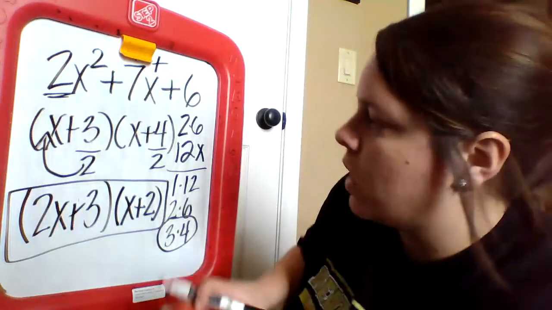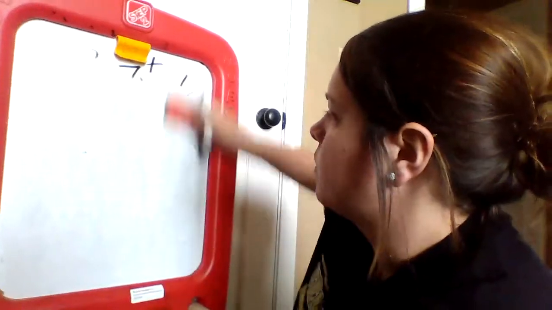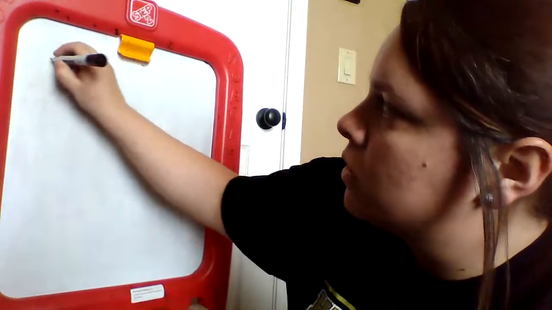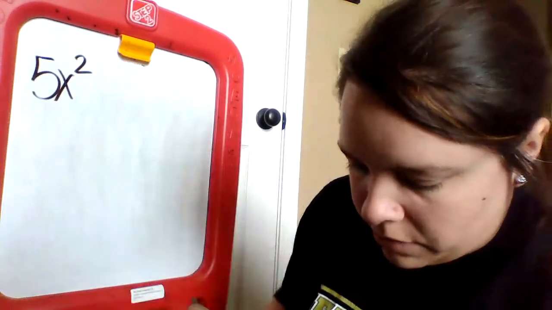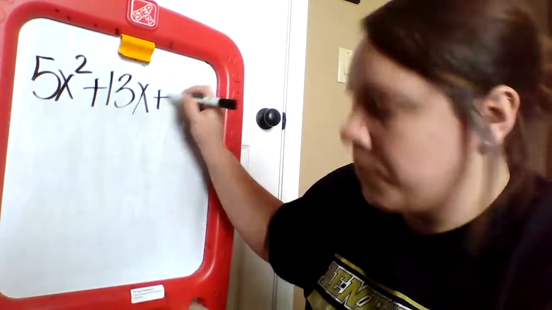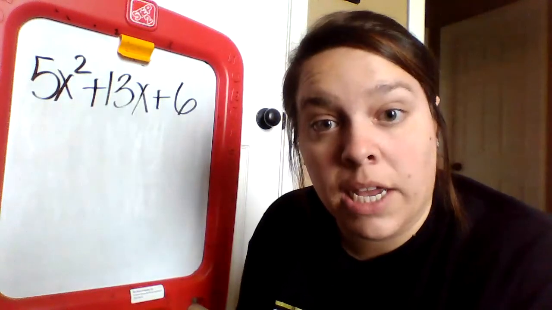Why don't you all try this one by yourself, okay? Right now, on little notebook paper or whatever you got in front of you, try this one. I'll wait a second for you to try it.